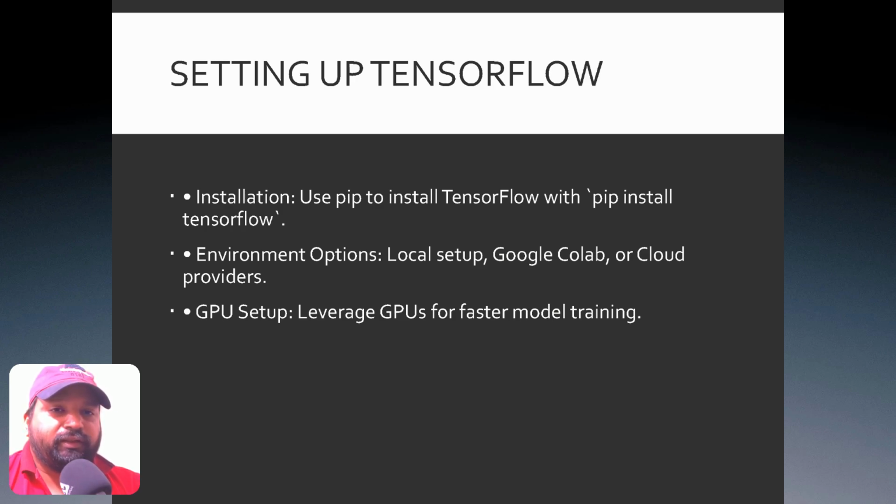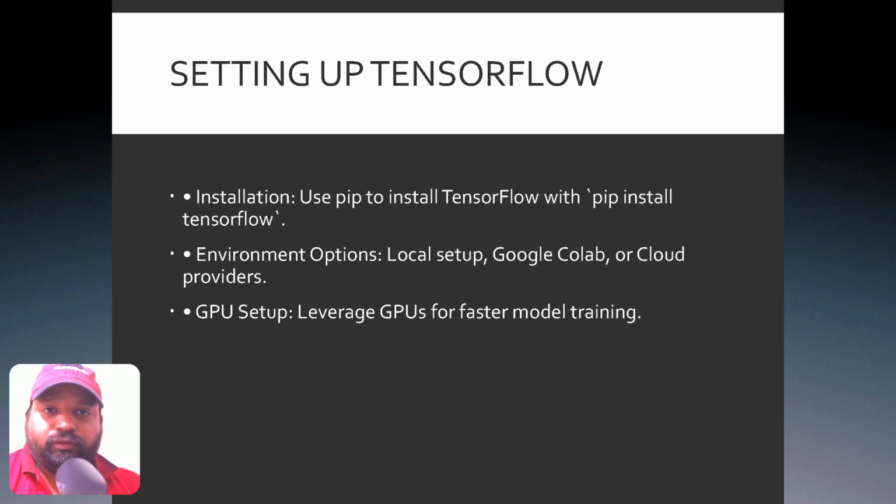You don't need to run any command. You don't need to install any software for using TensorFlow in the Google Colab environment. Okay. There are other environment options which you can use. For a local setup, you need to install TensorFlow on your local machine, and you have to ensure that Python 3.x or an advanced version of Python is installed on your local machine.